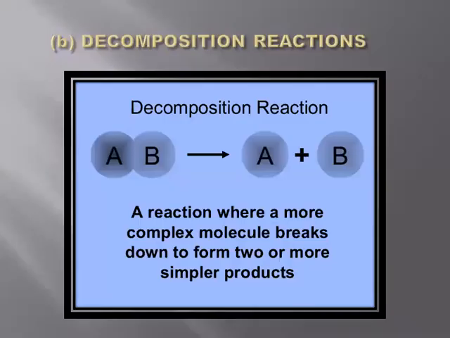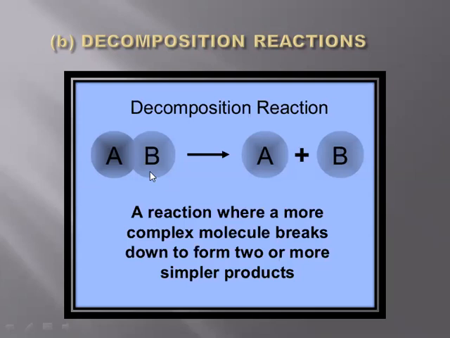Second type of chemical reaction is decomposition reactions. Decomposition reaction is a reaction where a more complex molecule breaks down to form 2 or more simpler products. Usually, a big molecule, which is a compound, breaks down to form 2 or more simpler, smaller molecules, which either can be compounds or can even be elements.